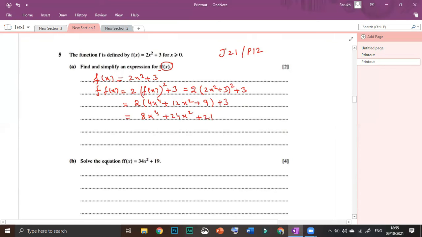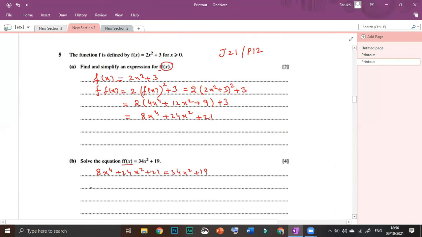Now the b part is solve the equation ff of x is 34x square plus 19. Now we have the value of ff of x. We will put this value at this place. 8x power 4 plus 24x square plus 21 is equal to 34x square plus 19.